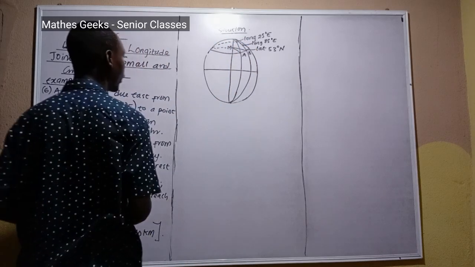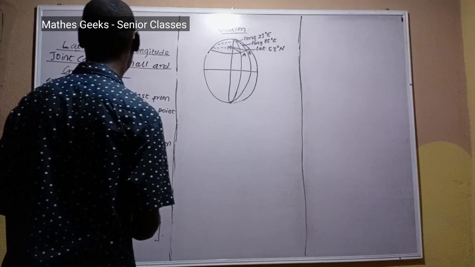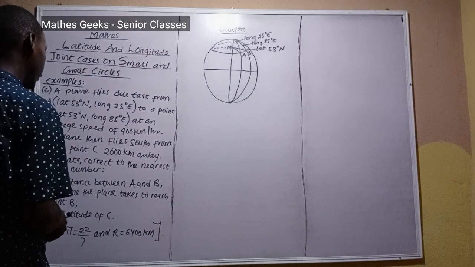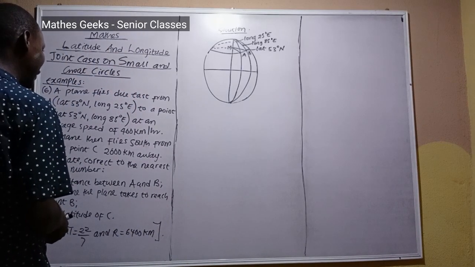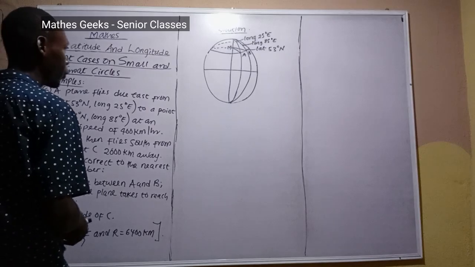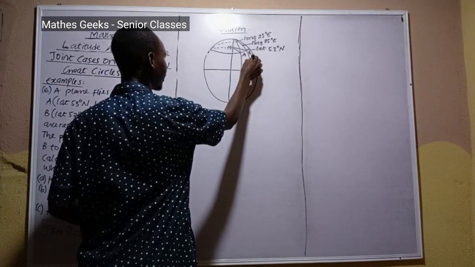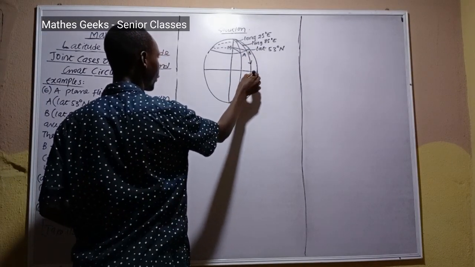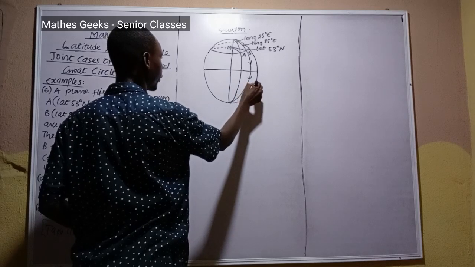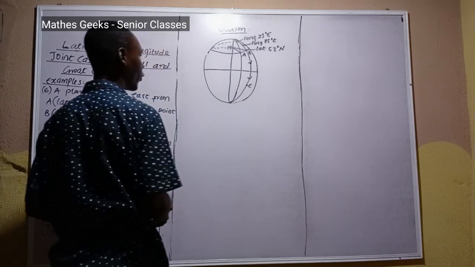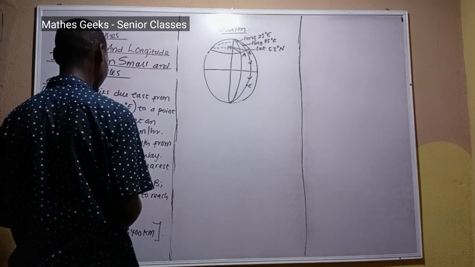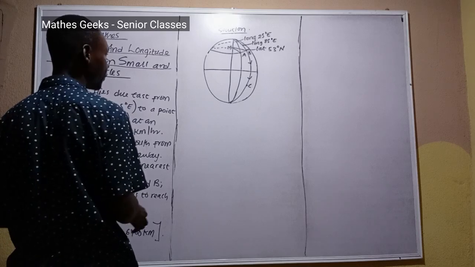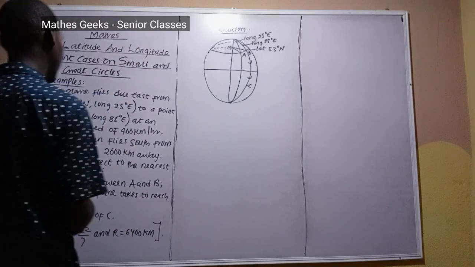At an average speed of 400 kilometers per hour, the plane then flies south from B to a point C. So let's say point C is on the same line of longitude, 2,000 kilometers away.